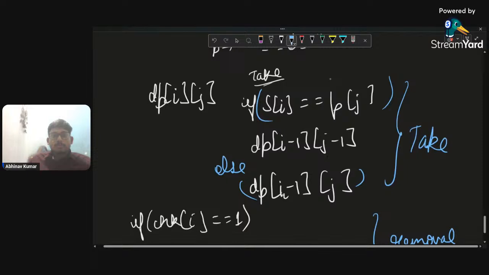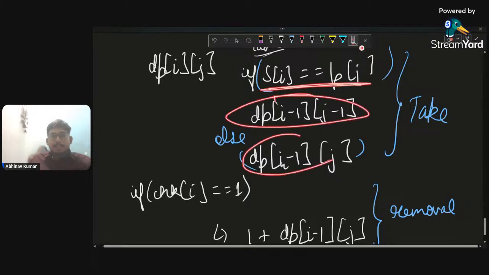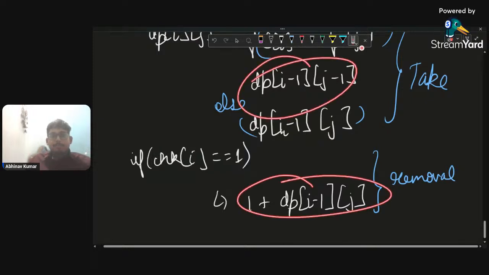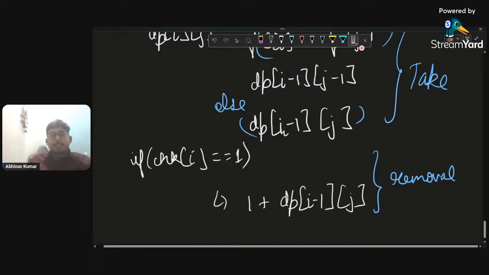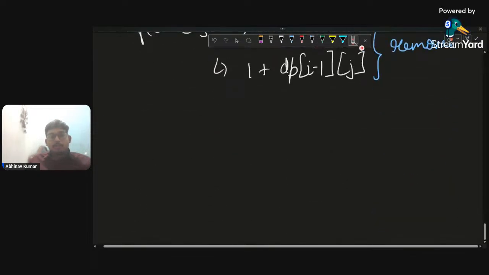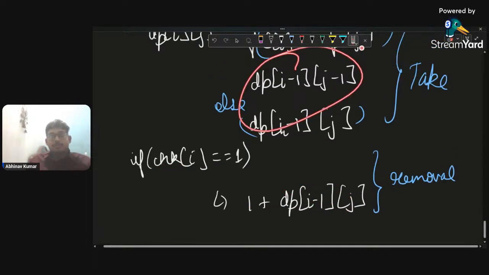I hope you got the dp transitions: when I'm taking it, I would check if s[i] is equal to p[j], then write this, else write this, and when I'm not taking it, write this. Now take the minimum or the maximum of the two cases. My final dp[i][j] is going to be the max of this case or this case. And if this check was 0, then this case is not happening, so only this one would be my transition.